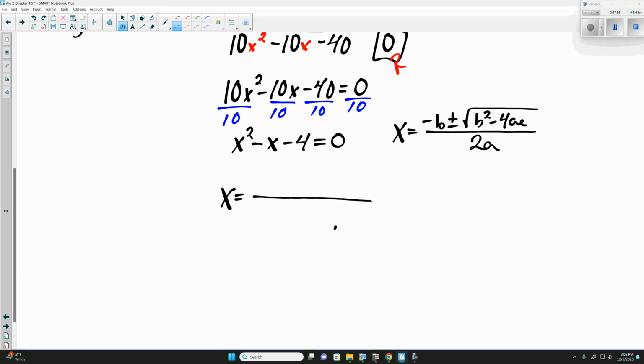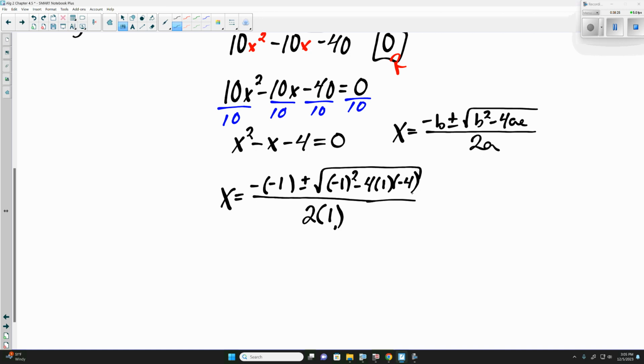Now, to finish this up, we have to use the quadratic formula. Now, looking at this here, the value of b is -1. B is the number in front of x. Plus or minus b squared minus 4 times a times c. Questions on how we plug this in?